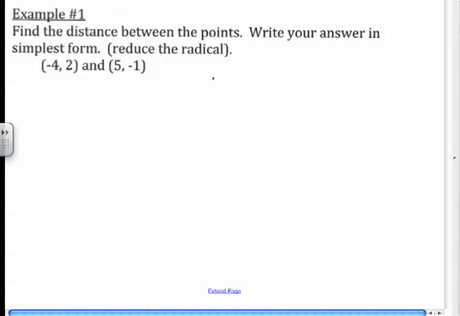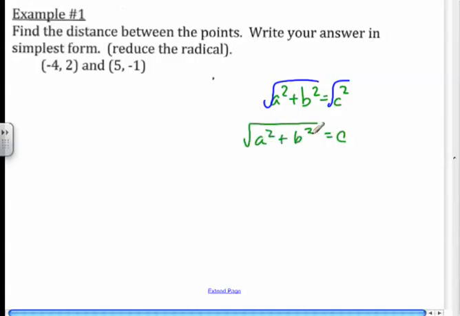Remember, a squared plus b squared is equal to c squared. So if I want to know what c is, I have to take the square root of both sides, like this. So c is equal to the square root of a squared plus b squared. But remember, I don't know the base of that triangle if I have a point here and a point here. I've got a triangle that sort of looks like this.